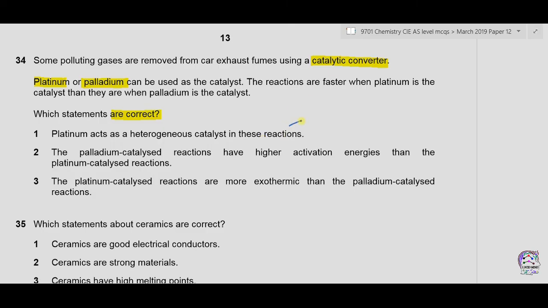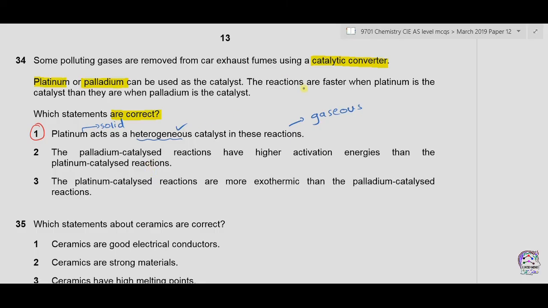We know that in a catalytic converter all reactants and products are in gaseous state, and platinum is in solid form, so therefore it is a heterogeneous catalyst. So option 1 is correct. In option 2, the palladium catalyzed reactions have higher activation energy than the platinum catalyzed reactions.